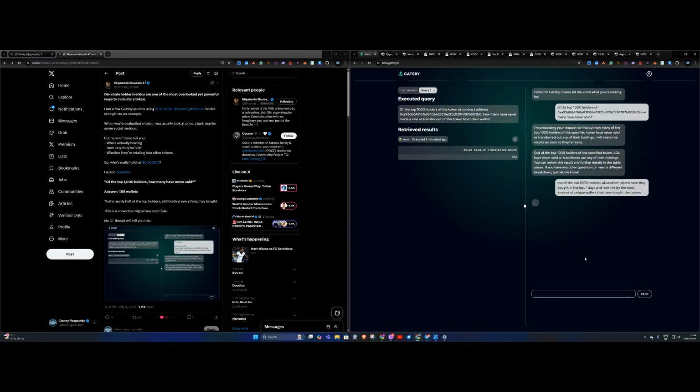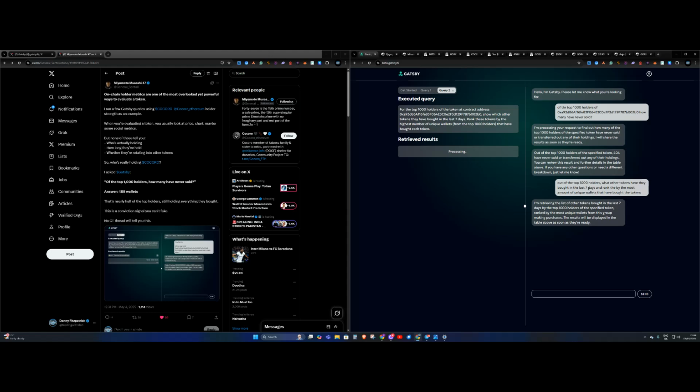So basically I'm asking it, out of these top 1,000 holders, what other tokens have they bought in the last 7 days, and rank them by how many of these 1,000 wallets have bought the tokens.